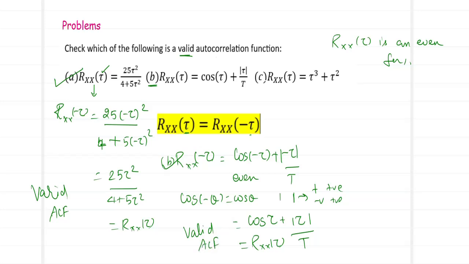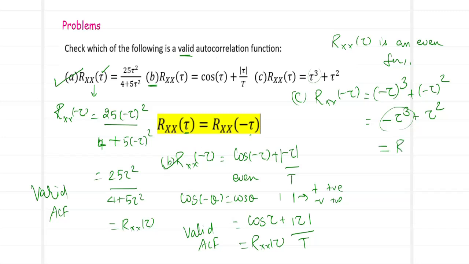How about the third one? Let me replace the Rxx of tau by minus tau. So when I replace, minus tau the whole cube plus minus tau the whole square. What is minus tau the whole square? This is going to be positive tau square. The negative sign gets absorbed. But minus tau the whole cube gives me a negative sign of tau cube. Now what I have over here is positive tau cube, but what I have over here is negative tau cube.